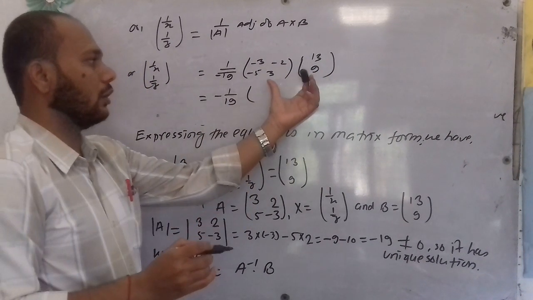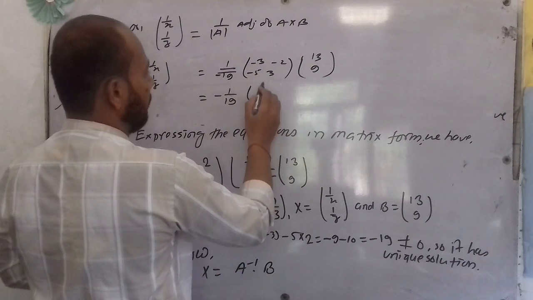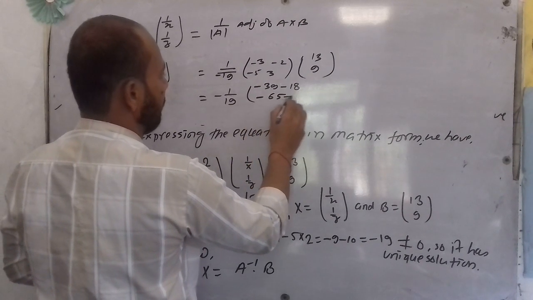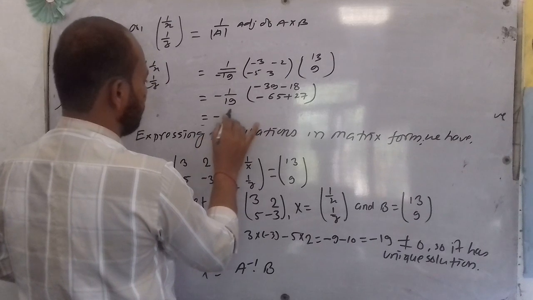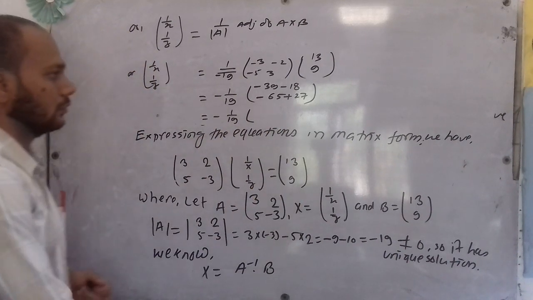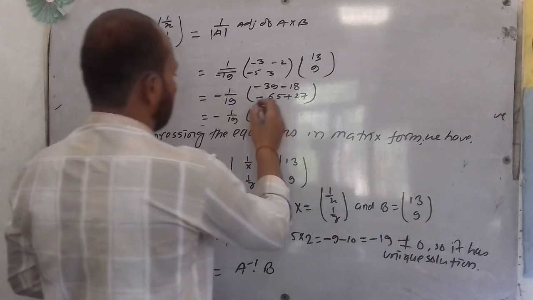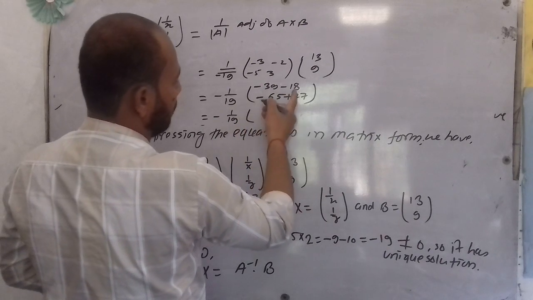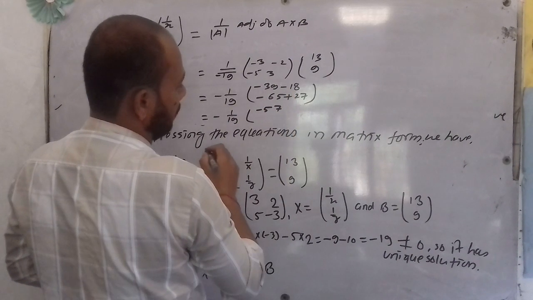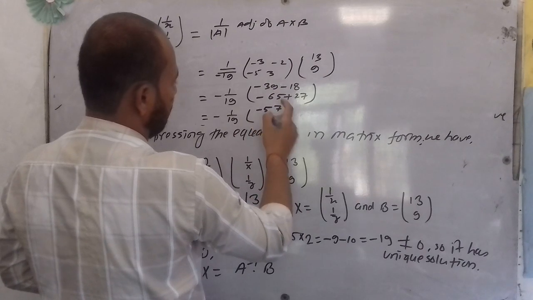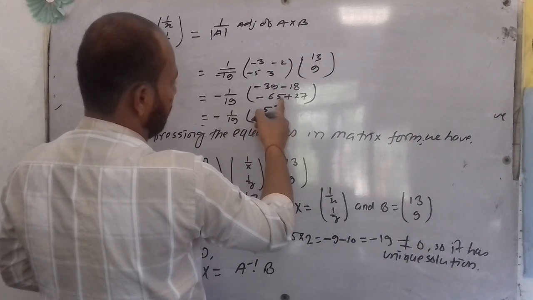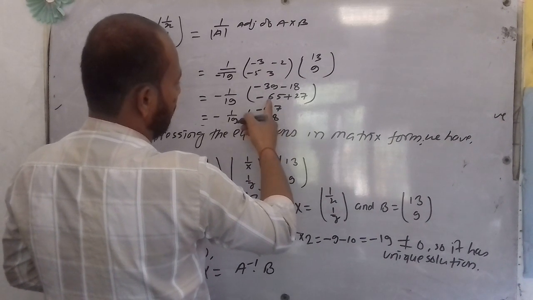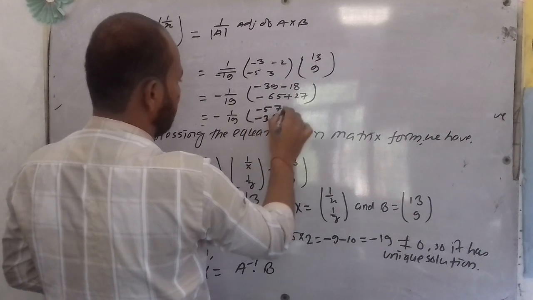First you should find the product of these two matrices. Here we have minus 39 minus 18, minus 65 plus 27. Write down, all of you. Here we have 7, 5, subtract, 8, 5, 3.